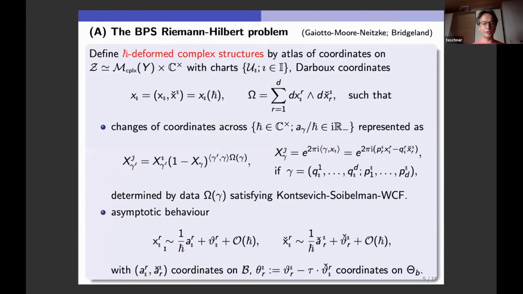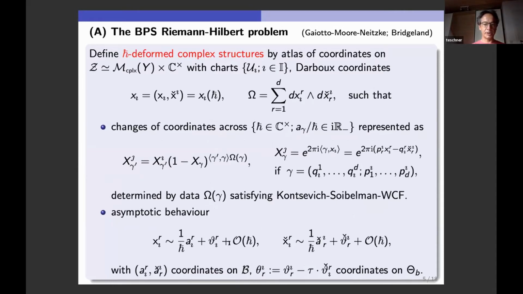The requirement is that when we send h bar to 0, then as the leading term we recover those. And quite interestingly, and I don't have the time to go into much detail, as the next to leading bit, we find coordinates for the torus fibers. Here is the more precise relation.